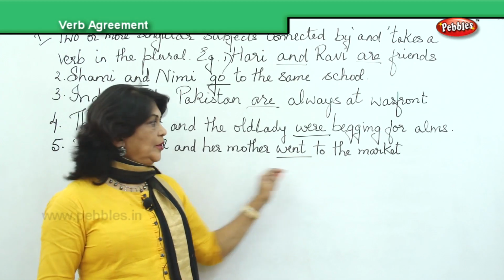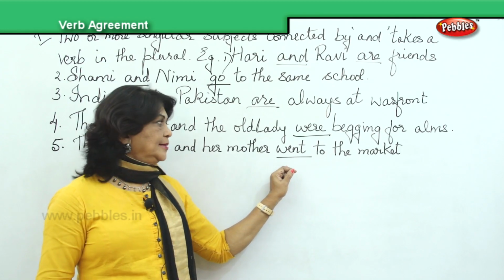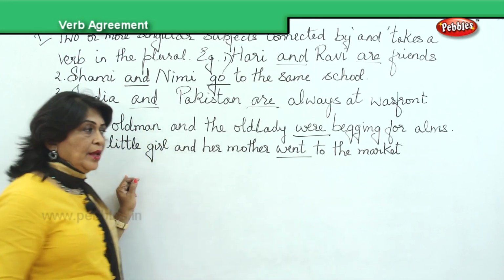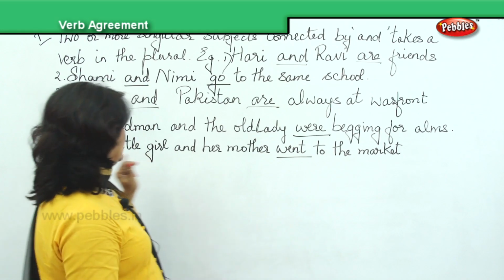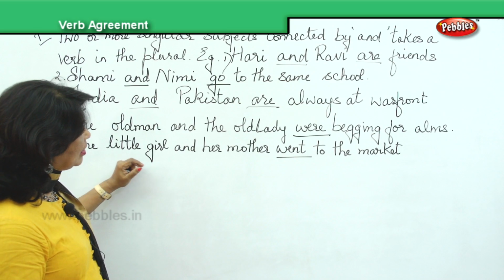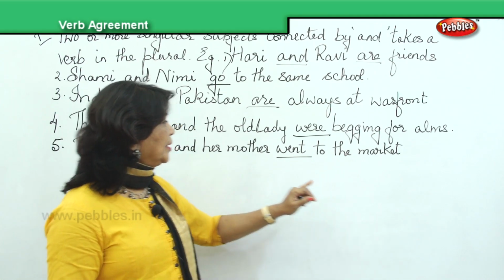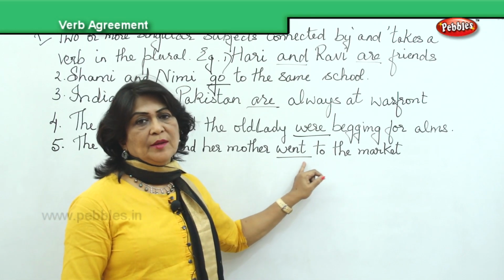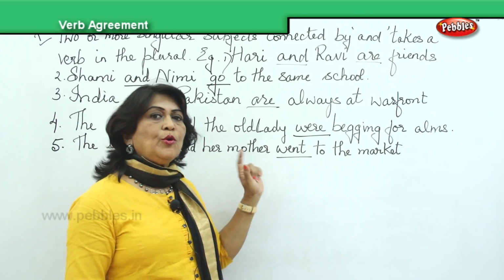Went. Okay. The little girl and her mother went to the market. We are talking about two subjects, the little girl and the mother, and we say went. If it is singular, we say the same. For singular also, for past tense, we use only went. Mother went to the market. For plural also, the little girl and her mother went to the market. This verb alone takes the same word for both the tenses.